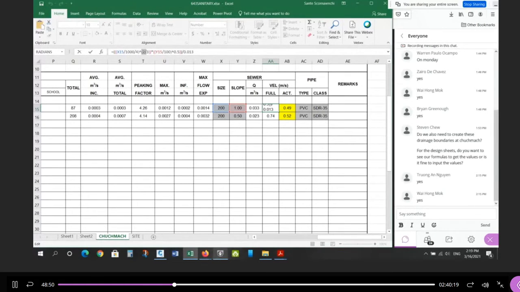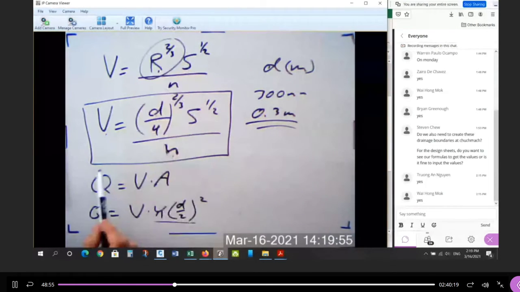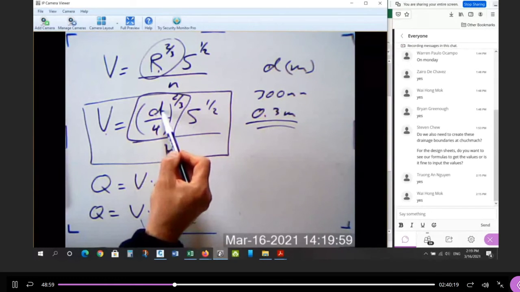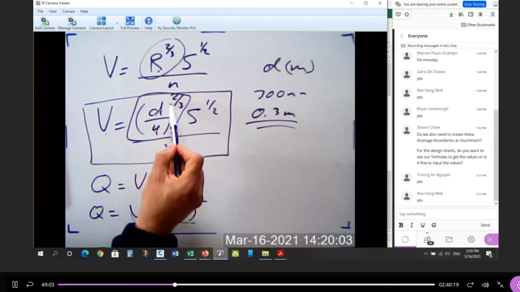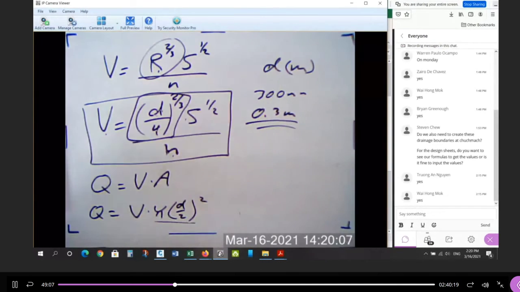That's this part of the equation. And then I multiply by the slope to the power of a half.